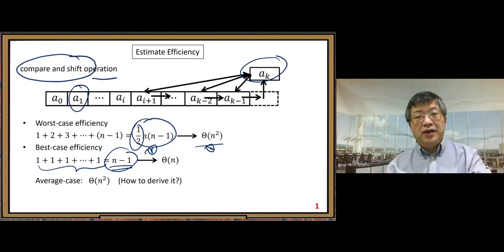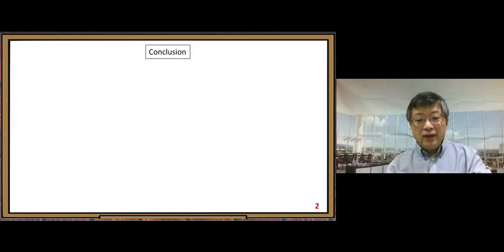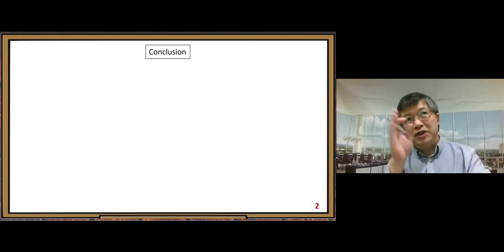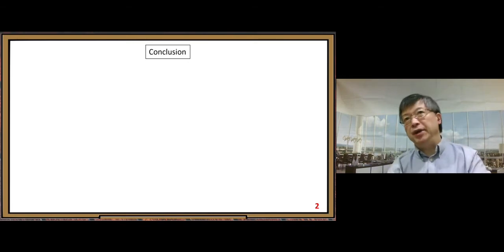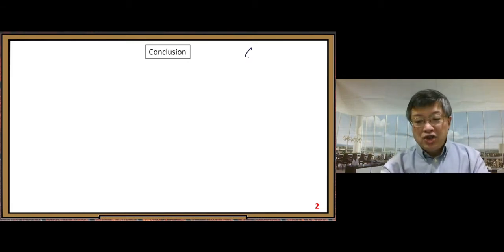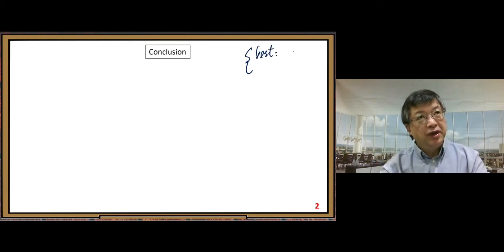All right, now the last thing, conclusion. After we solve this problem, let's make the final conclusion. Insertion sort has a very special property: the performance of its best case is extremely good.